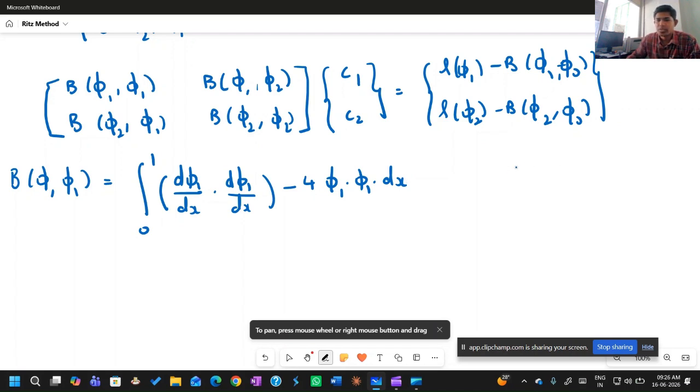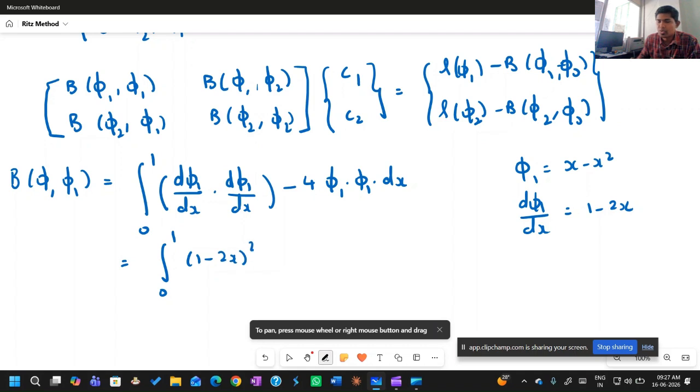Okay. So we know that pi1 is equal to x minus x square, and if I differentiate this, d pi1 by dx, I should be getting 1 minus 2x. So this is nothing but 0 to 1, 1 minus 2x the whole square minus 4 into x minus x square the whole square dx.